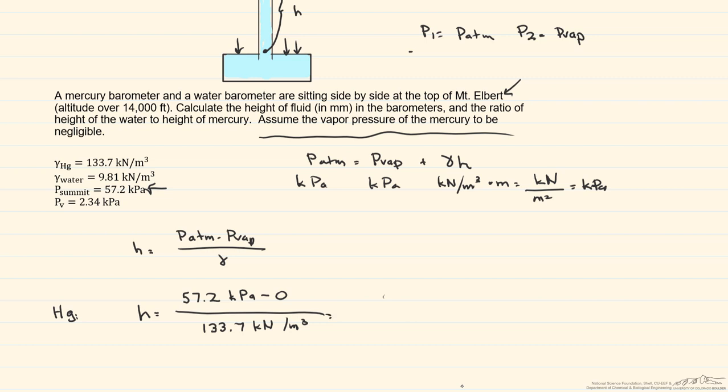This height ends up equaling 0.428 meters, or in millimeters, which is what we're asked for, 428 millimeters, and we say millimeters of mercury. As a comparison, the atmospheric pressure at sea level is about 760 millimeters of mercury.